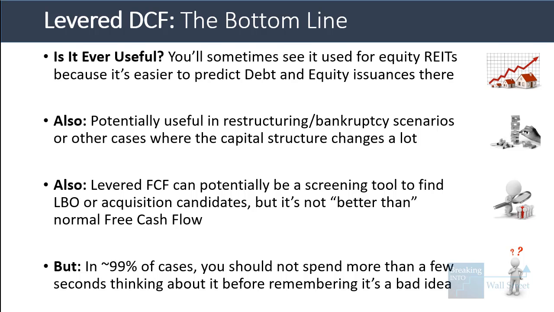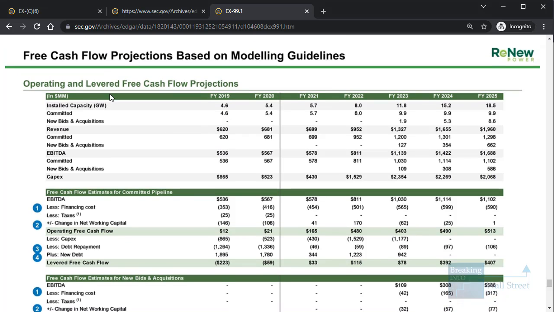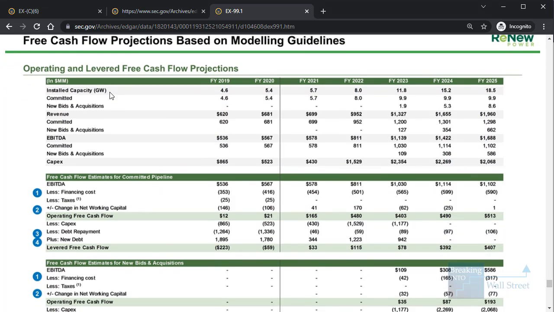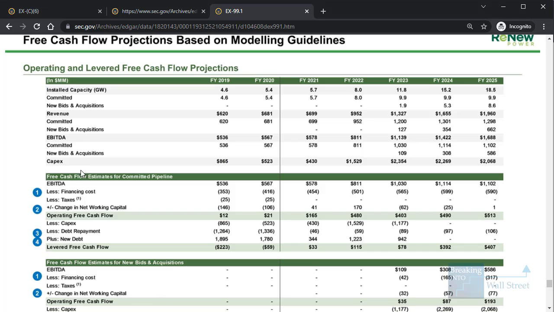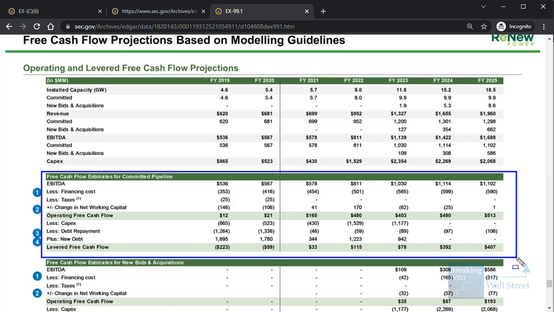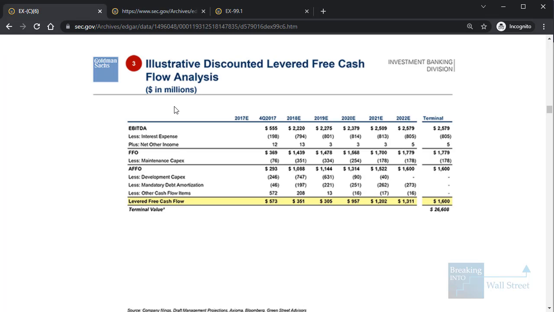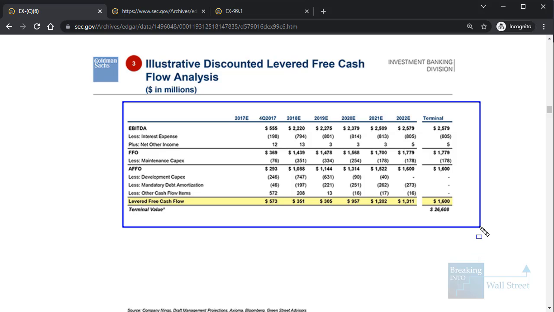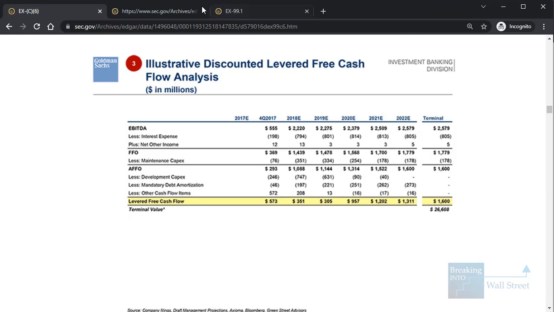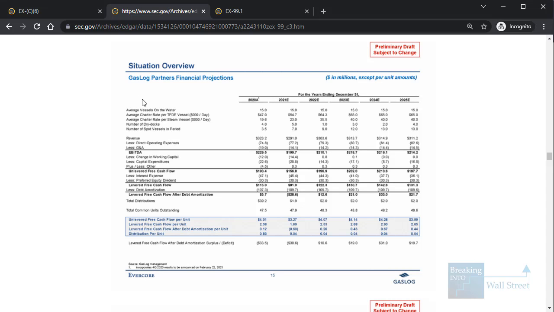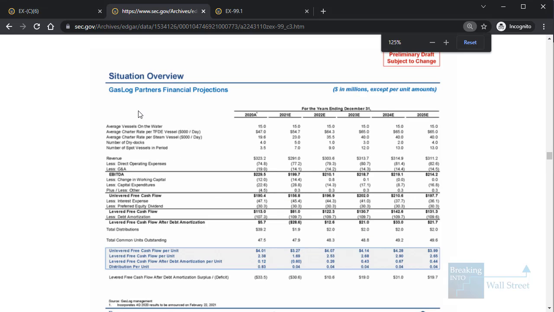To show you a few quick examples from banks, I have this one presentation from this renewable energy company in India, and they actually do project down to their levered free cash flow and use it in a management presentation. In another example, this presentation from Goldman Sachs for an equity REIT, they value the company in a DCF using levered free cash flow. And then in this final example from Evercore, they're valuing this oil and gas company.